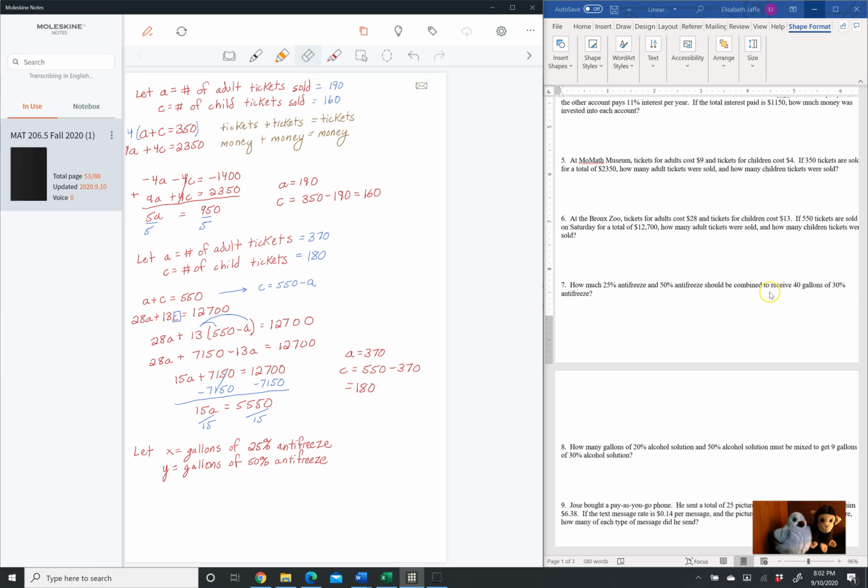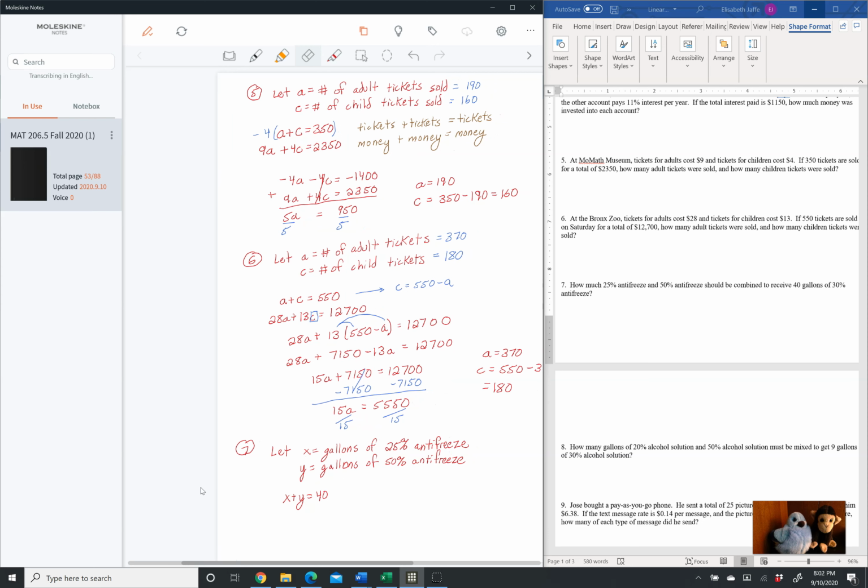Now we have to come up with the equation. So it says that when we combine these, we should get 40 gallons. So that gives us our first equation. X plus Y is equal to 40. The second equation is the slightly tricky part because it's antifreeze plus antifreeze equals antifreeze. So the amount of antifreeze in the first solution is 0.25x.